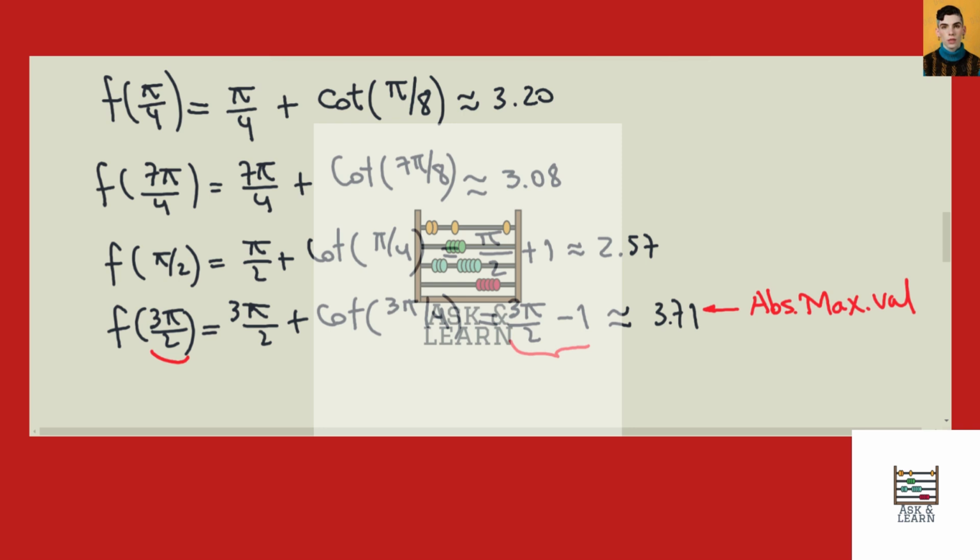And now the smallest of the values is this one, that is exactly pi half plus 1. That will be the absolute minimum value of the function over the given interval, and is attained at the other critical number, pi half.